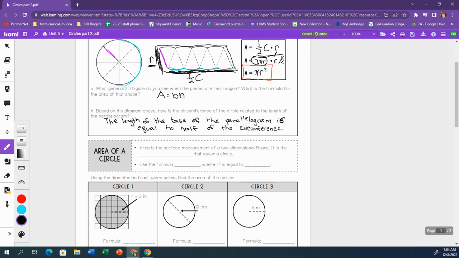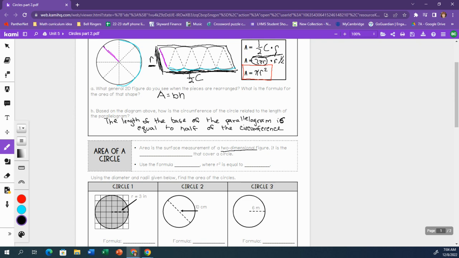Area is a surface measurement of a two-dimensional object. Now, the reason why we call it 2 dimensions is we're only using 2 dimensions. We're using base and height. We're using radius and half circumference. We're using just 2 measurements. That's why it's 2-dimensional.